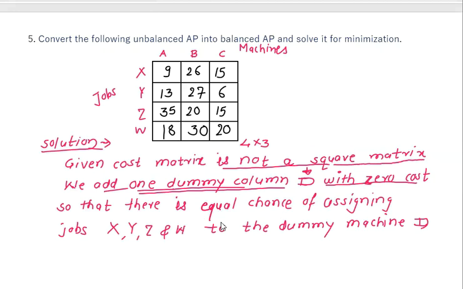If you take zero cost of performing all the jobs on machine D, then there is an equal chance of assigning all the jobs X, Y, Z, W to the machine D. That is, there is an equal chance of assigning all the 4 jobs to the machine D.